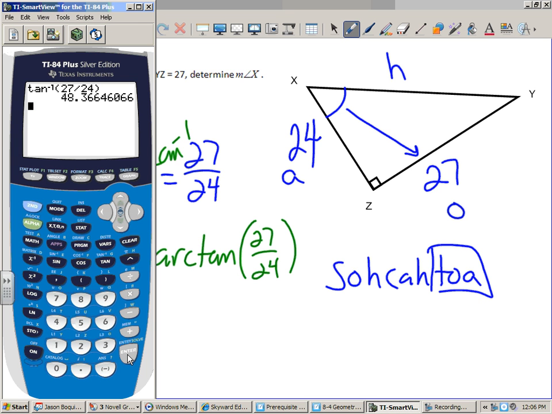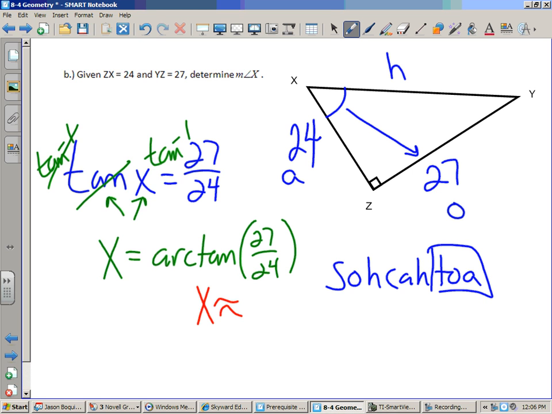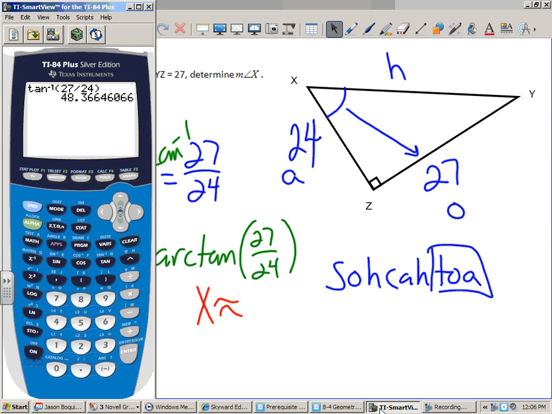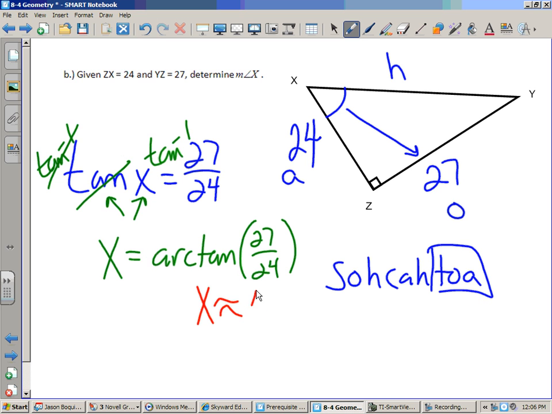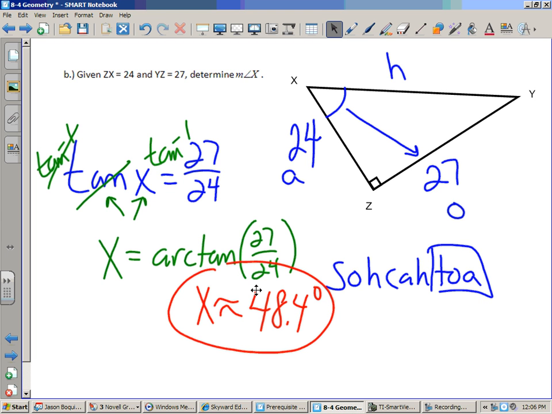So x is approximately 48 point, does it say we're around nearest tenth? So 48.4 degrees. It'll become very important once you go on that you put the degree symbol there, but for now I think we understand that it's degrees.